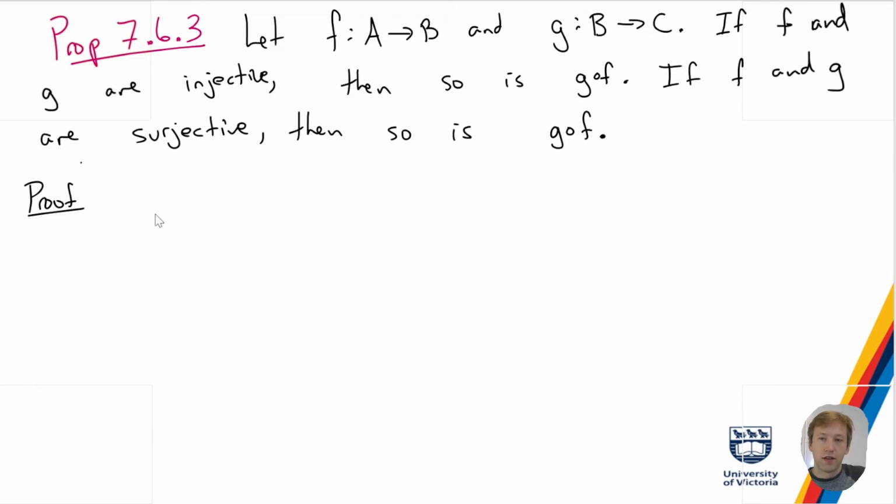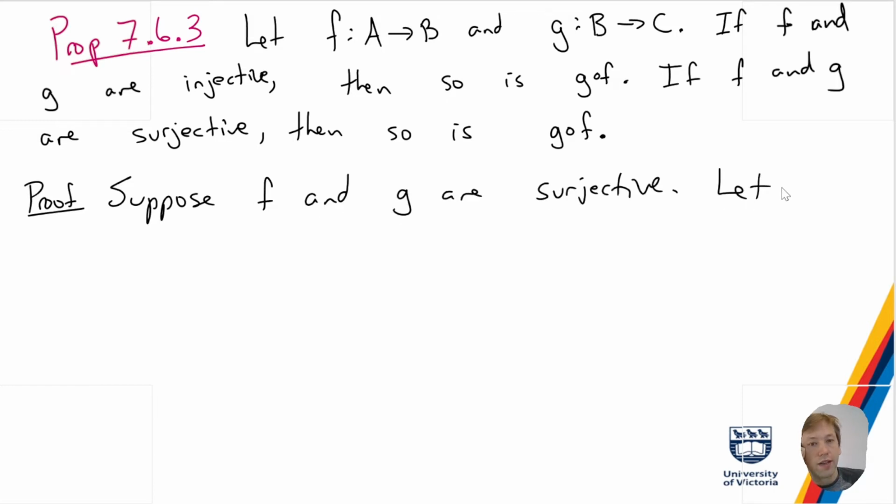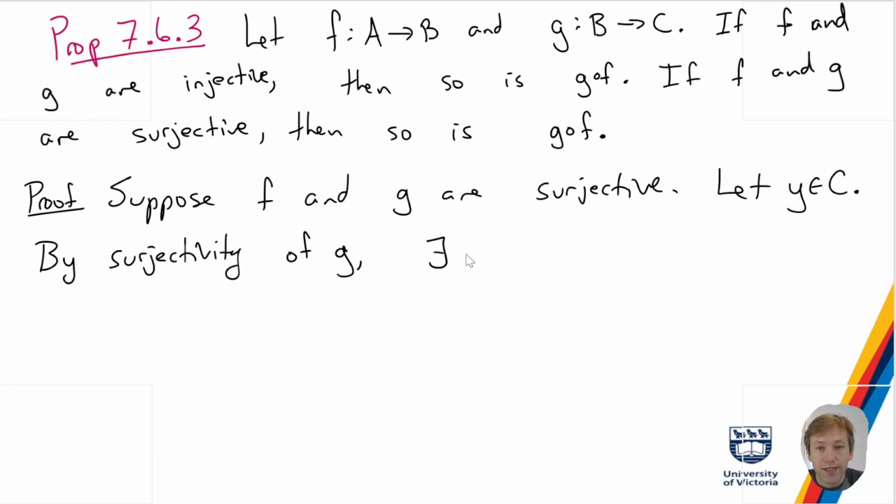Okay. So now suppose f and g are surjective, and let y be any element of C. Remember, C is the codomain of the composition of f and g, because it's the codomain of g. So by surjectivity of g, we know that there exists z in B such that g of z is equal to y.